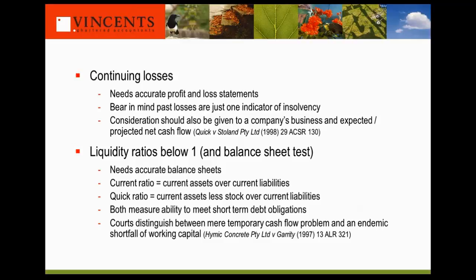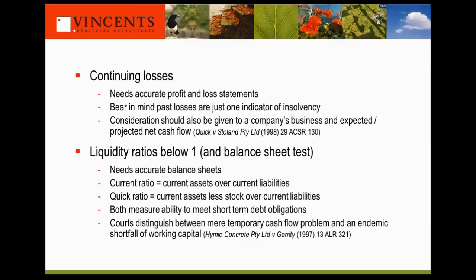As far as your liquidity ratios go, you generally look at the current ratio and sometimes the quick ratio, depending on the type of business that you're looking at. These give a good snapshot of the ability of the business to meet its short-term liabilities.